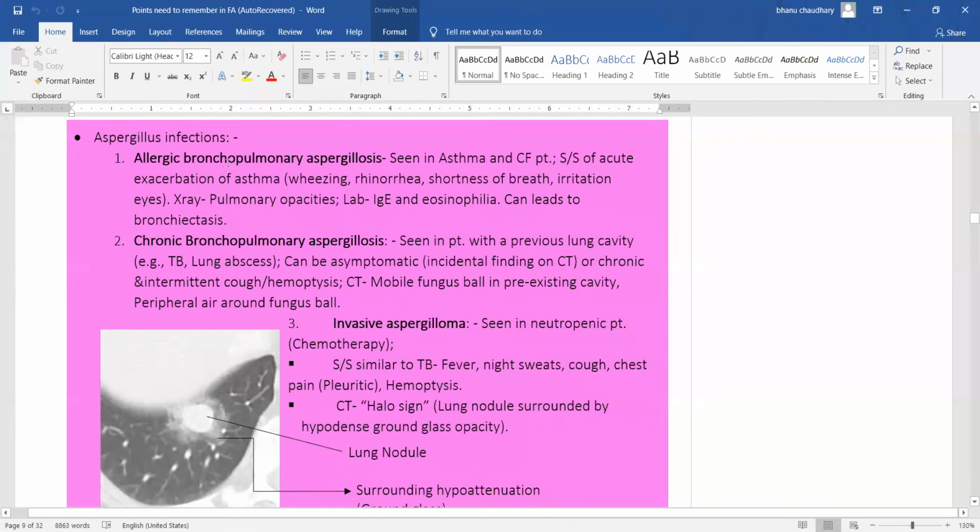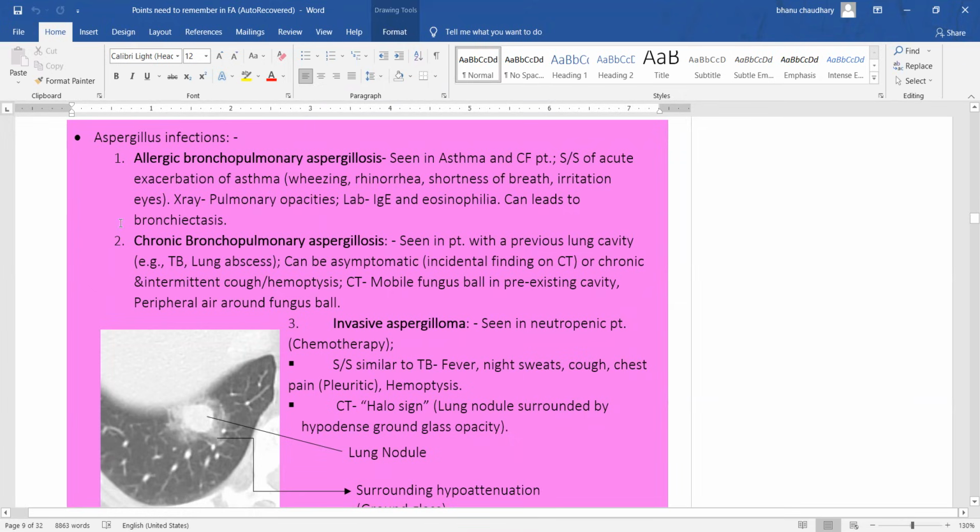So first, basically I've already described the allergic bronchopulmonary aspergillosis, which is seen in asthma and cystic fibrosis patients. What you will see is the acute exacerbations of the asthma, like I already told you: wheezing, rhinorrhea, shortness of breath, irritation in the eye. In the labs, you will see the high IgE count and the eosinophilia. And ultimately, with the regular infections, what you will get is a bronchiectasis.